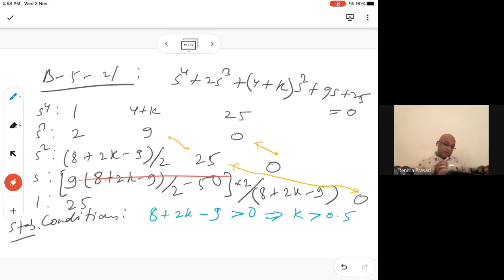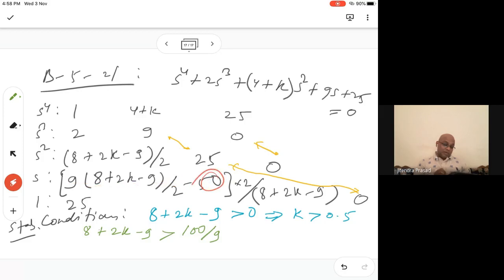So we have the second condition. Let's write in a different color, and that tells us that 8 plus 2k minus 9 is greater than 100 minus 9.